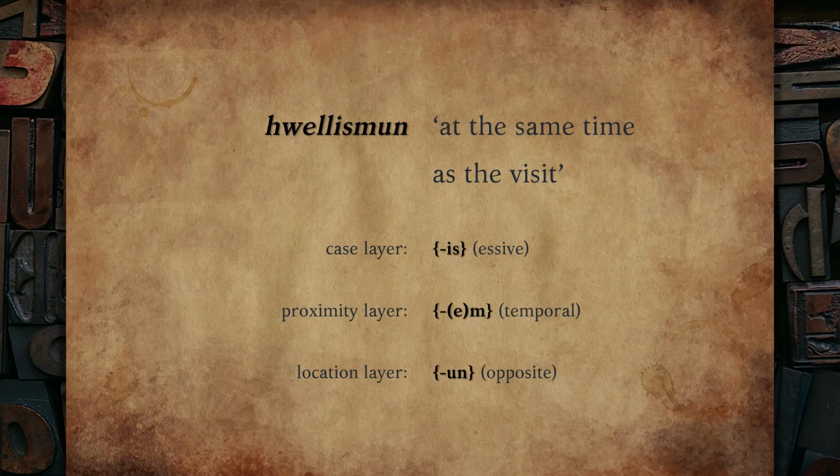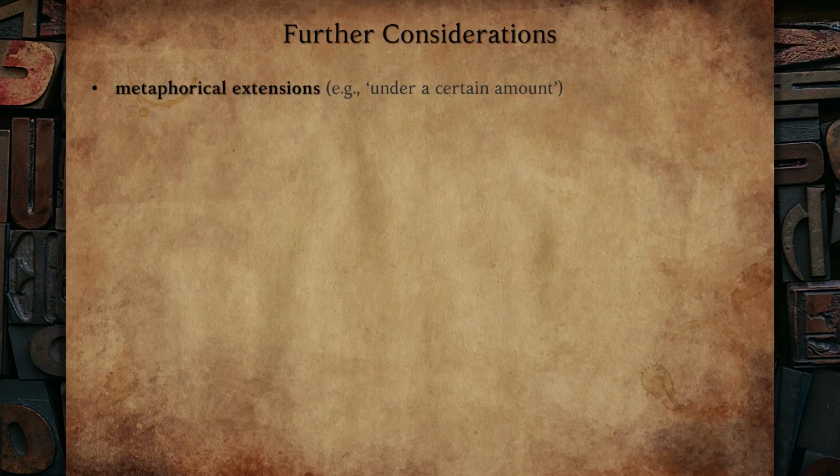And we could, of course, then think of more metaphorical extensions, right? So, for example, under a certain amount. This is not under as in under the table, but under an abstract amount, right? So under has a metaphorical extension meaning less than.